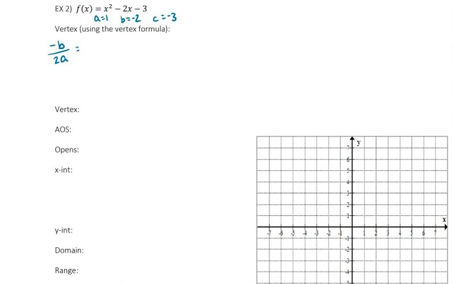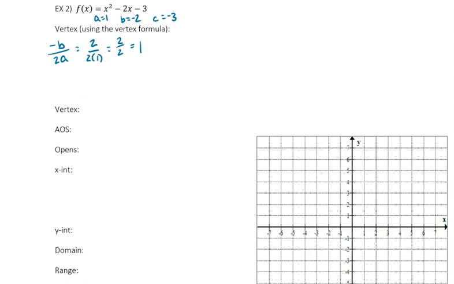So negative 2 would be positive 2 over 2a, so 2 times 1. So that's 2 over 2, or 1. That's part of our vertex.